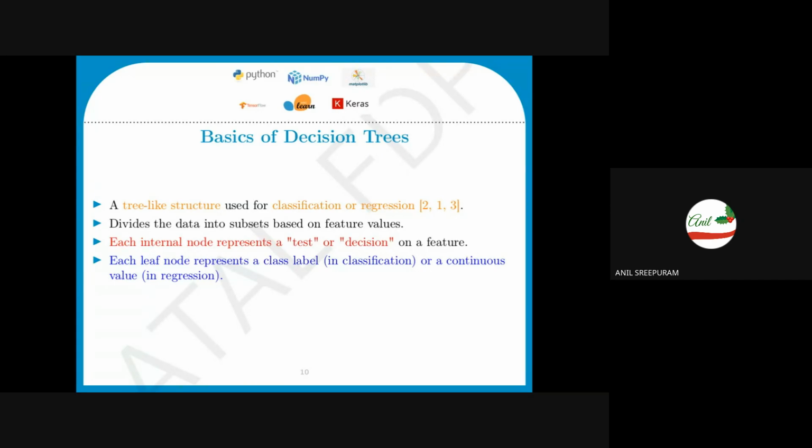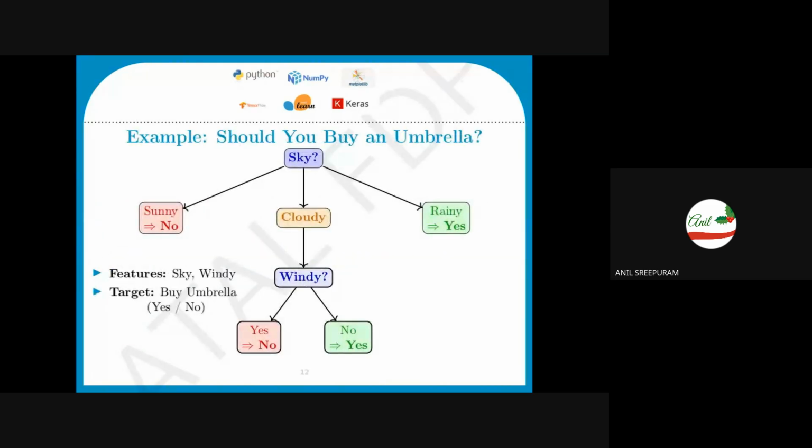See, let us think about it. This tree shows a decision tree where the input set has two features, sky and windy. That's the atmosphere situation. Then our classification, or the output, is whether I should take an umbrella.